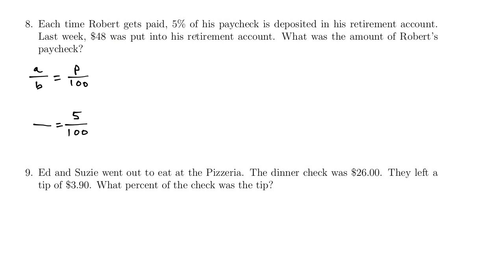So the paycheck is not listed, so that's our unknown. That's the base. That's what we're trying to figure out. Even at the very end, it says what was the amount of Robert's paycheck, so that's our unknown. That's the base. So the $48, that's the amount.